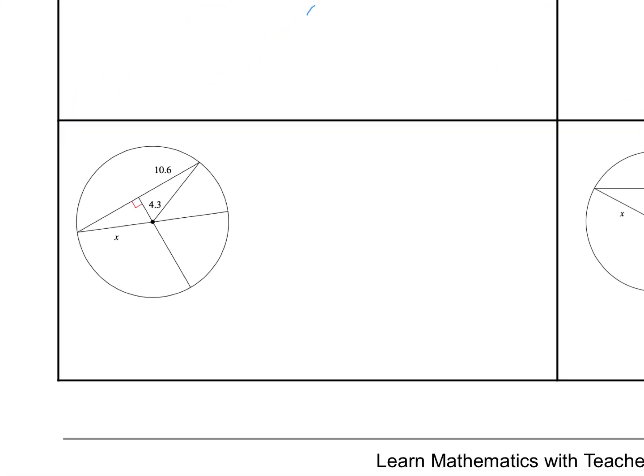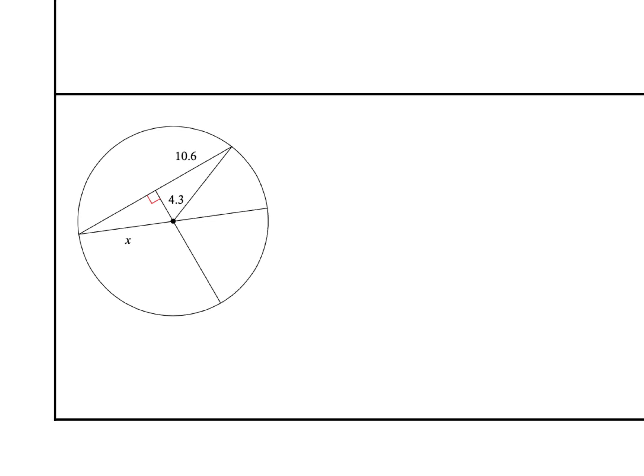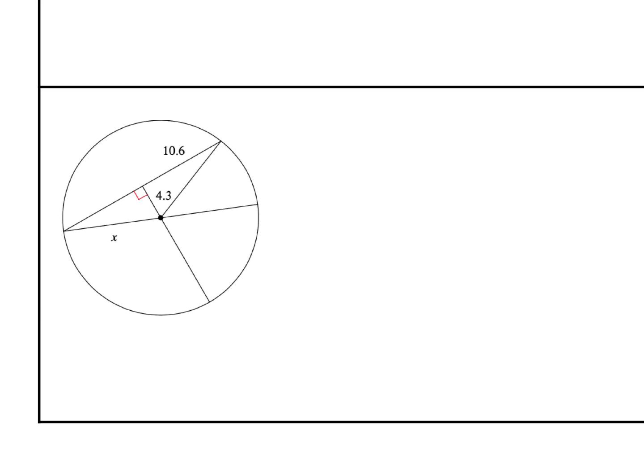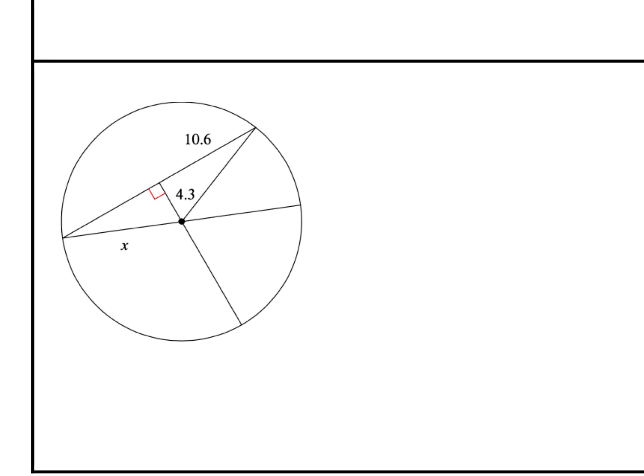Okay, let's go to the next one. They're asking us in here the value of x. What it tells me is that one side of the chord is 10.6. It means to say that this is also 10.6. This is actually a part of your radius. So let's look at it. If I'm going to draw it, it looks this way.